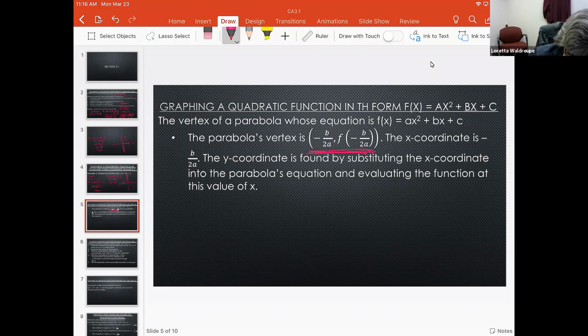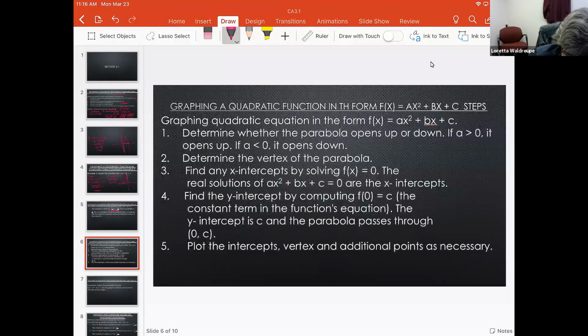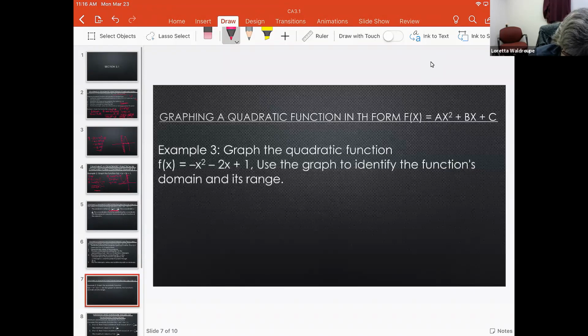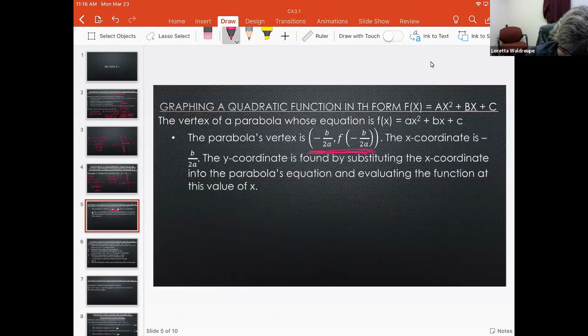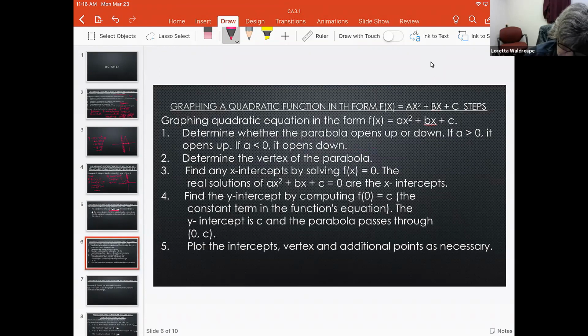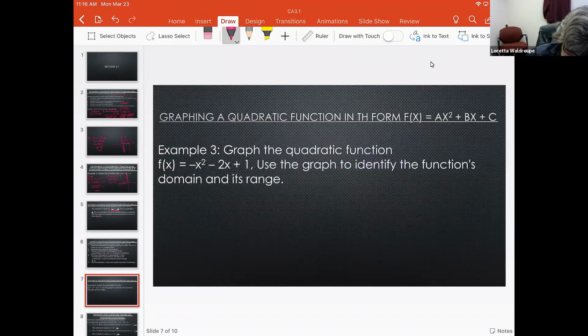Let's look at an example of how we use that formula. And we'll talk about this graphing. We've already talked about it. So here we go.